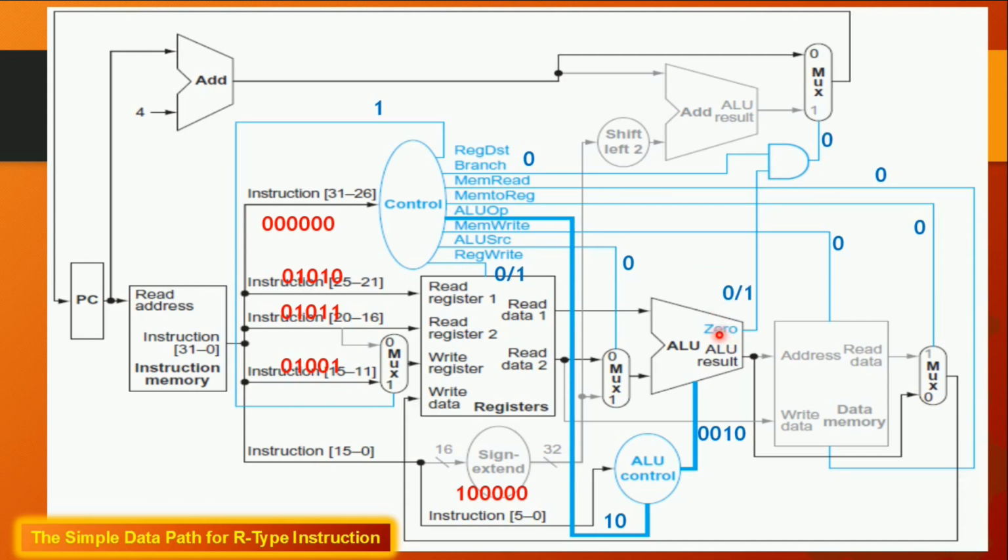The 0 signal can be asserted or deasserted based on the ALU result. But since my branch signal is deasserted always for an R-type instruction, the output of the AND gate will be always 0. So always PC plus 4 will be loaded to the program counter. So this is the data path of R-type instruction.